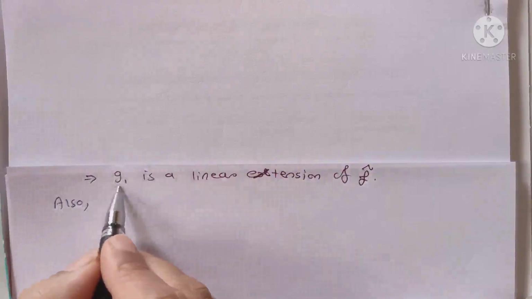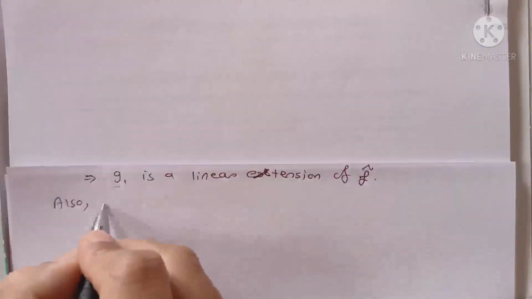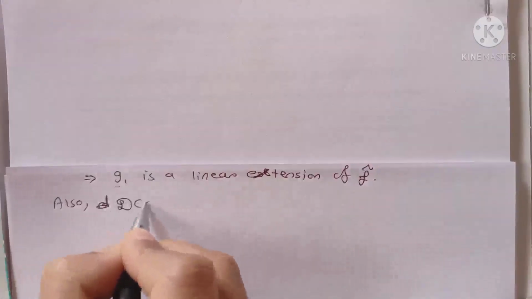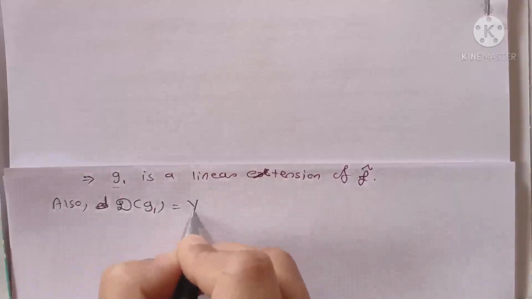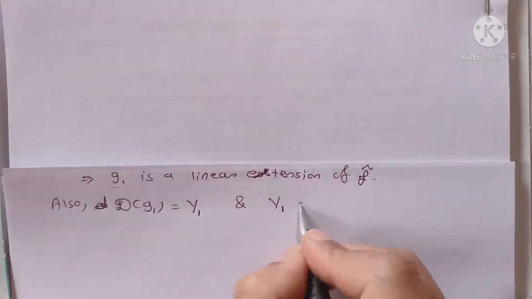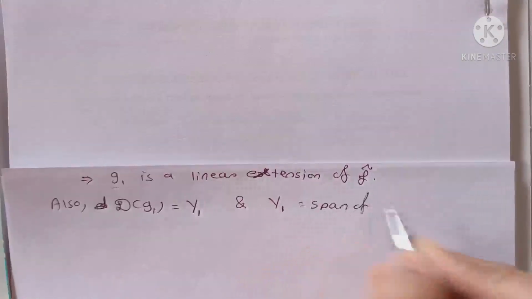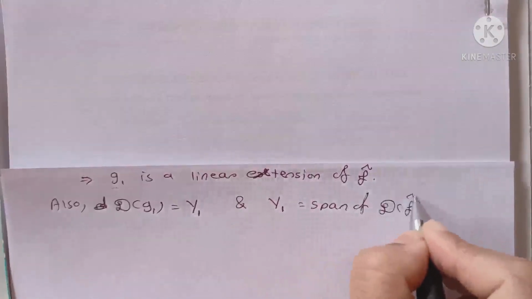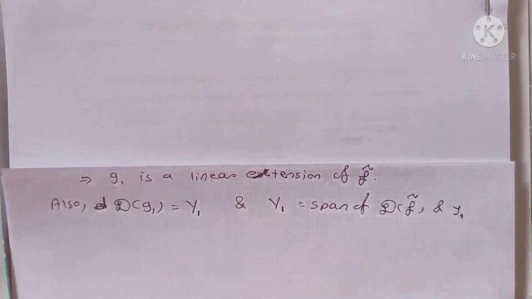Also, the domain of g1 is y1. The domain of g1 equals y1, and y1 is nothing but the span of the domain of f tilde and the point y1.